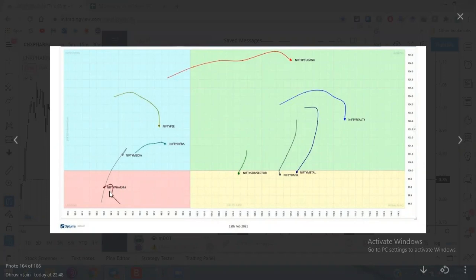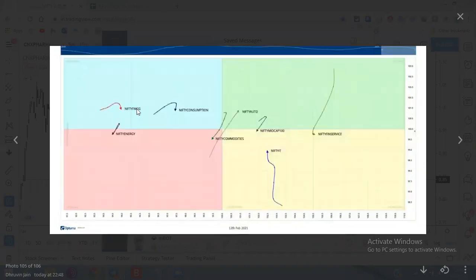Nifty Pharma is not in good shape right now. It's in the lagging quadrant. And we can see the Nifty Auto is in a strong position too. Nifty Consumption and Nifty FMCG are in an improving stage. Let's track these sectors as well.